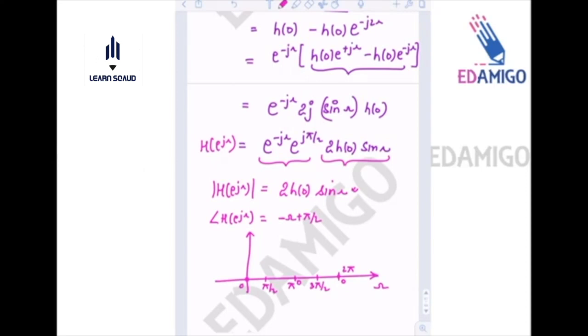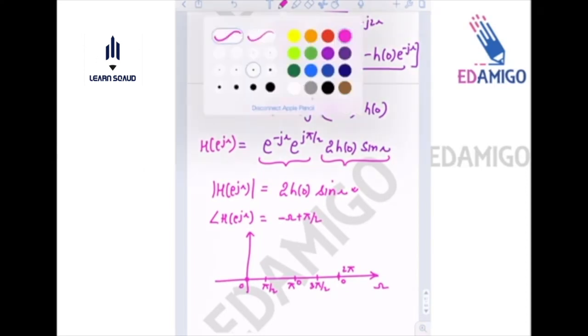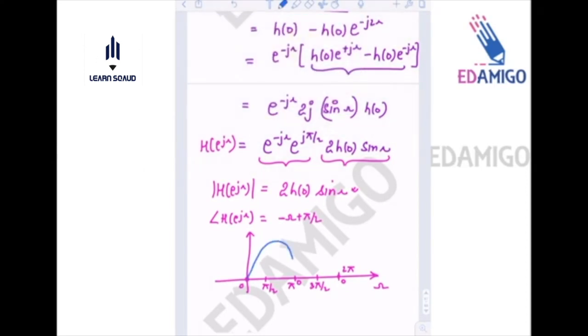At 3π by 2 it will be negative maximum. So the plot will be like this, and the maximum value will be 2h0 and the minimum value will be minus 2h0. So we can say that the magnitude plot is anti-symmetric about σ equals π.